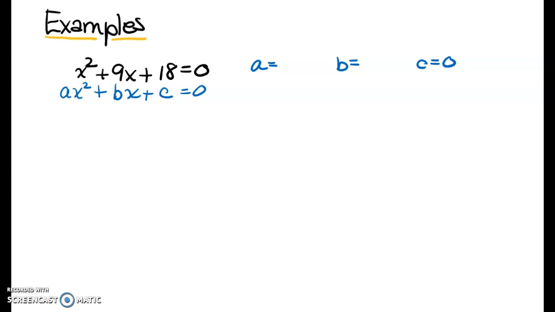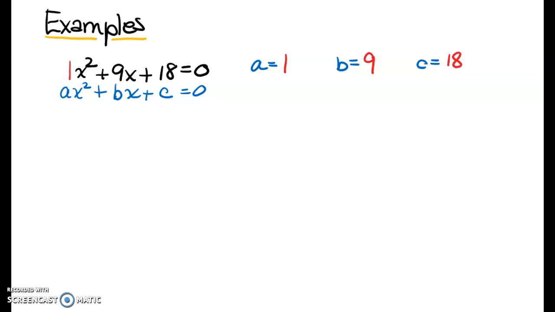Yes, I do. All my terms are on one side. And remember, when we have a missing coefficient, its value is 1. So here I have a value for a of 1. B looks like it's a positive 9, and C looks like it is 18.